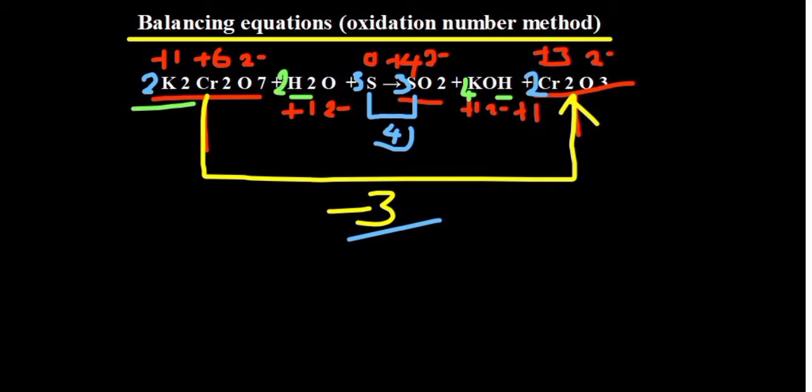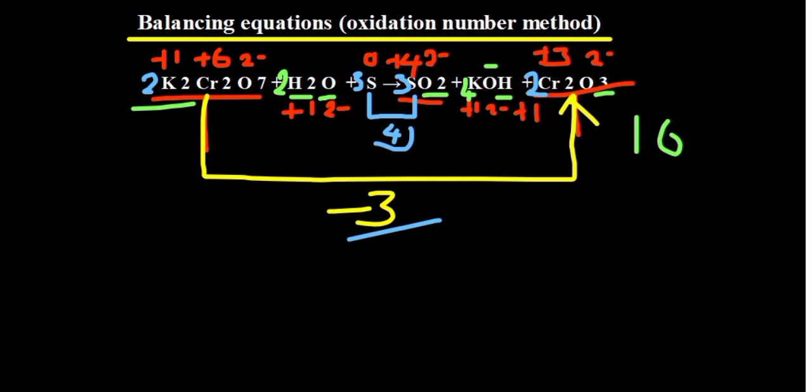How many oxygen atoms do we have on the left? So 2 by the 7, 14 plus 2 here, 16. Here we have 6 plus 4, that is 10, plus 6 more, that is 16, which is matching up.